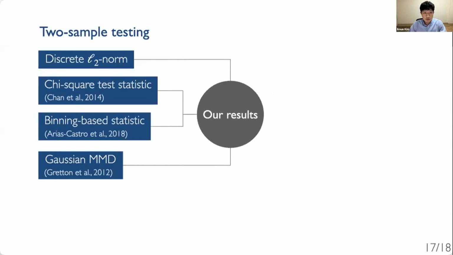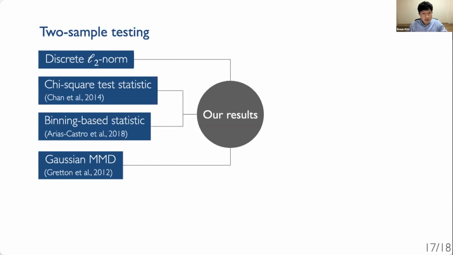Okay, so here is a non-technical summary of our results. For the problem of two-sample testing, we revisit several existing test statistics, such as the chi-square test statistic in Chen et al. and the binning-based statistic in Arias-Castro et al., and show that the permutation test using the same test statistics or a slightly modified version achieves the same minimax optimality as their theoretical tests that depend on unspecified constants in the critical values.